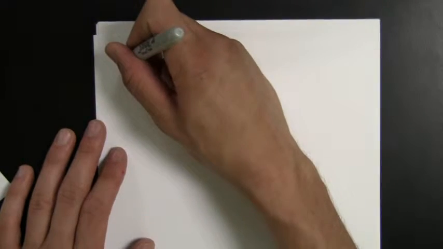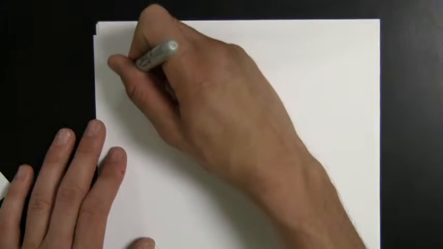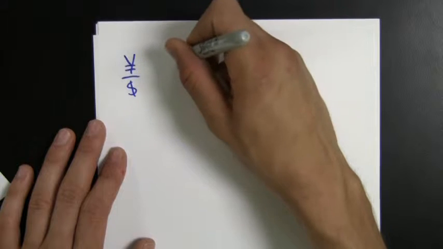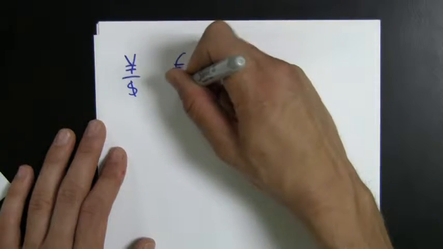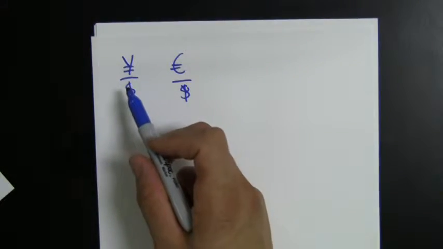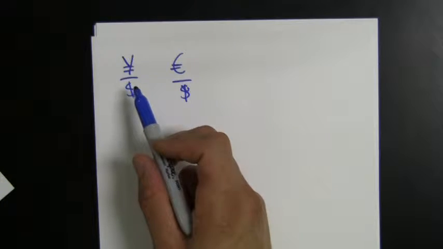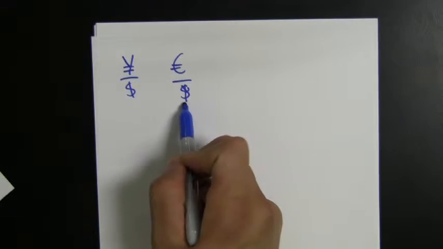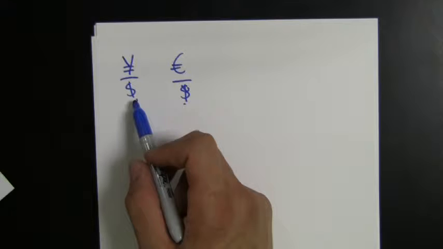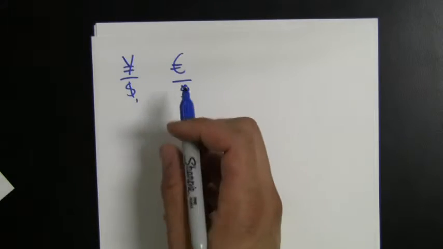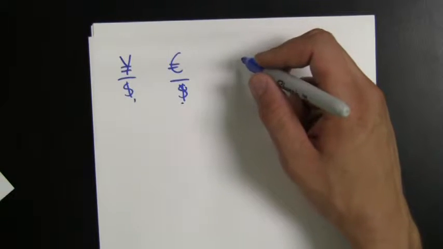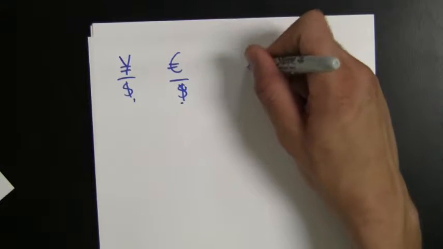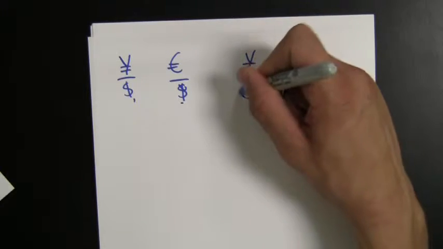Moving on to a question like 15, the idea is if we're given the yen over dollar, and we're given the euro over dollar, that's the yen-dollar exchange rate. Sorry, dollar-euro exchange rate, dollar-yen exchange rate, but we're asked for the yen-euro exchange rate. And the euro-yen exchange rate is yen over euros.